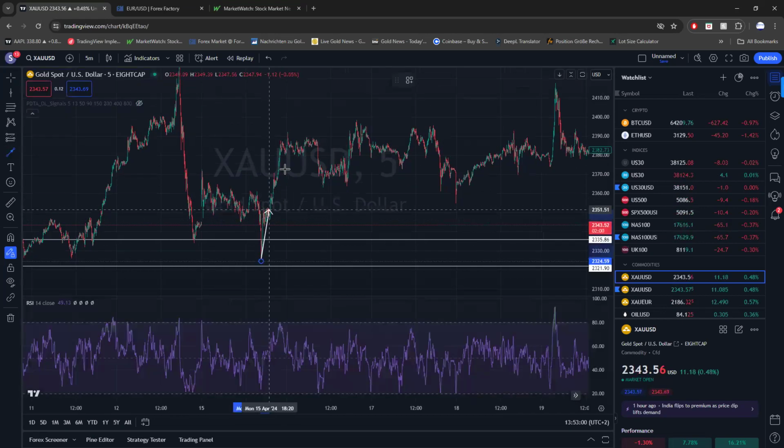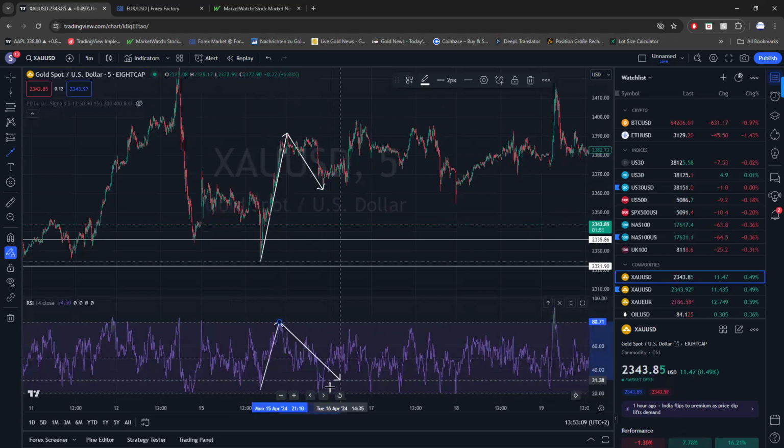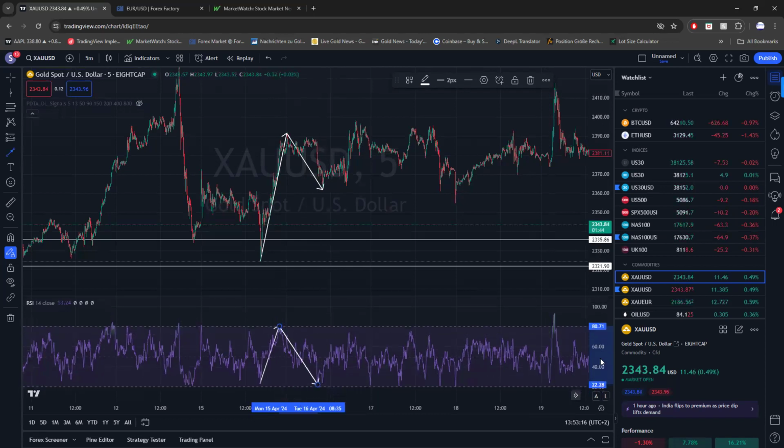Market left this low to this high and came here, right? Corresponding on the RSI here and here, right? Down here. Let's do this here, right? And it does the same thing again here and here to this point. So if we look from this low to this low and from this to this, what does that mean?